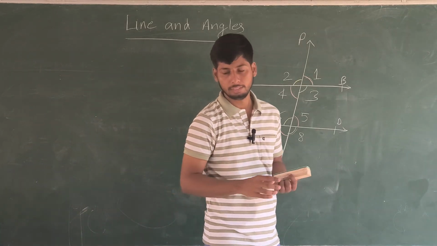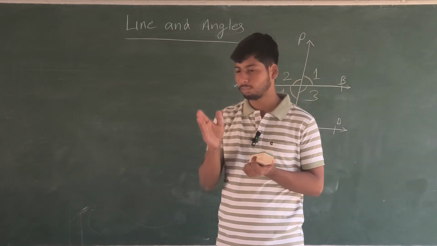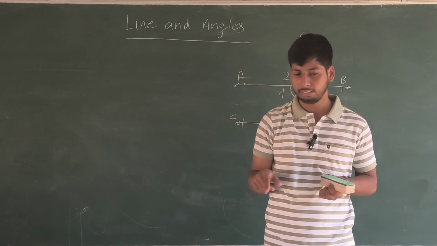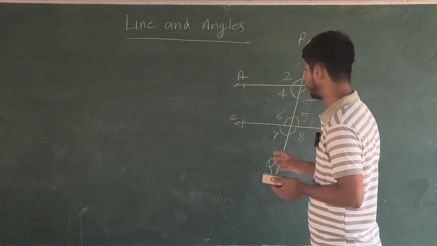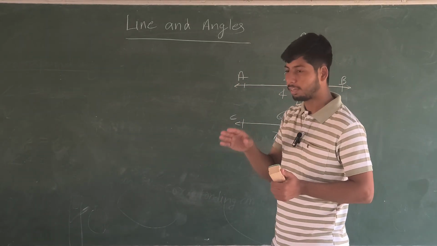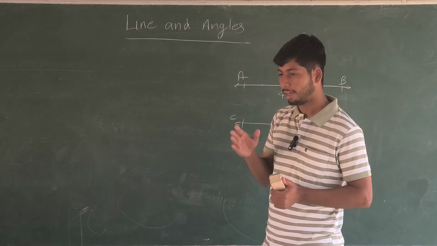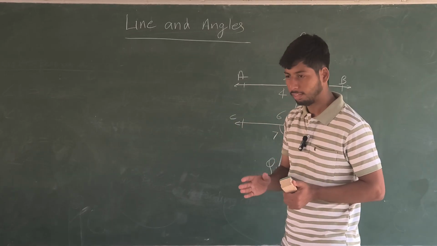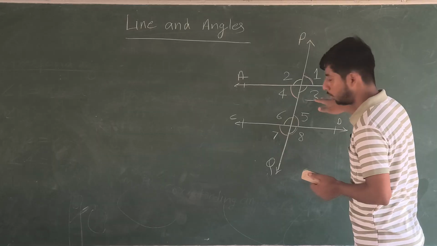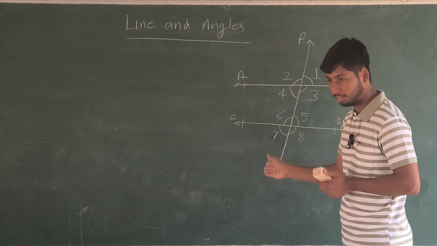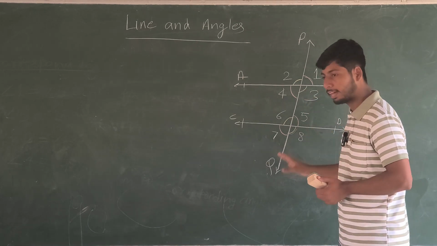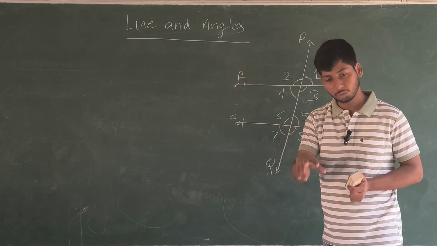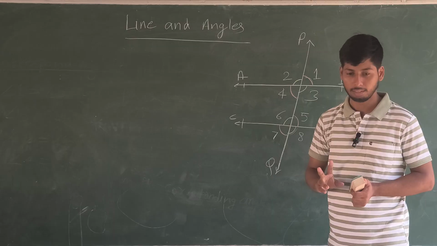Now, listen here. If a transverse line intersects two parallel lines, then corresponding angles are equal. Similarly, if a transverse line intersects two lines and the corresponding angles are equal, then both lines should be parallel.